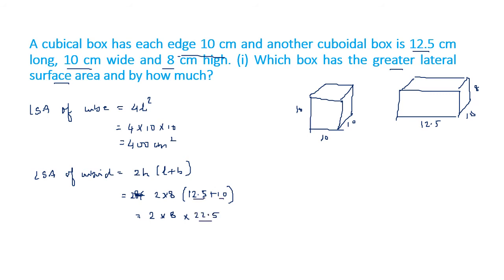Now 22.5 into 2 is 45, and 45 eights are 360 centimeter square. So LSA of cube is greater than the cuboid. How much is the difference? 400 minus 360 equals 40 centimeter square.